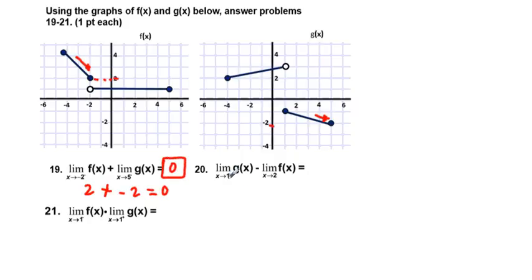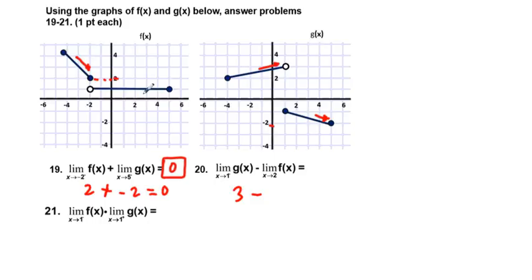So 0 is our answer to problem number 19. Problem number 20, limit as x approaches 1 from the left side of g of x. And so here we are at g of x first. So as we approach 1 from the left side, we hone in on this value here of y equals 3. So we have 3 minus, and the limit as x approaches 2 of f of x.